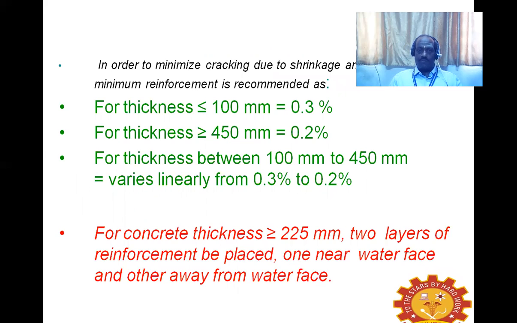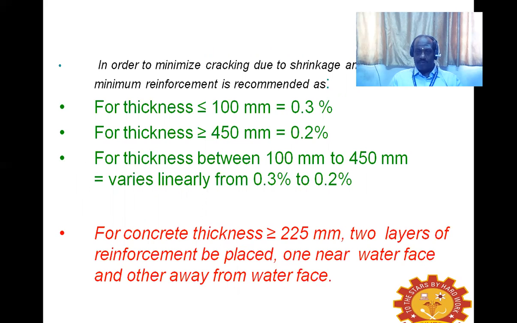In order to minimize the cracking due to shrinkage, for thickness less than 100 mm, the minimum steel is 0.3%. When the thickness is greater than or equal to 450 mm, it is 0.2%.